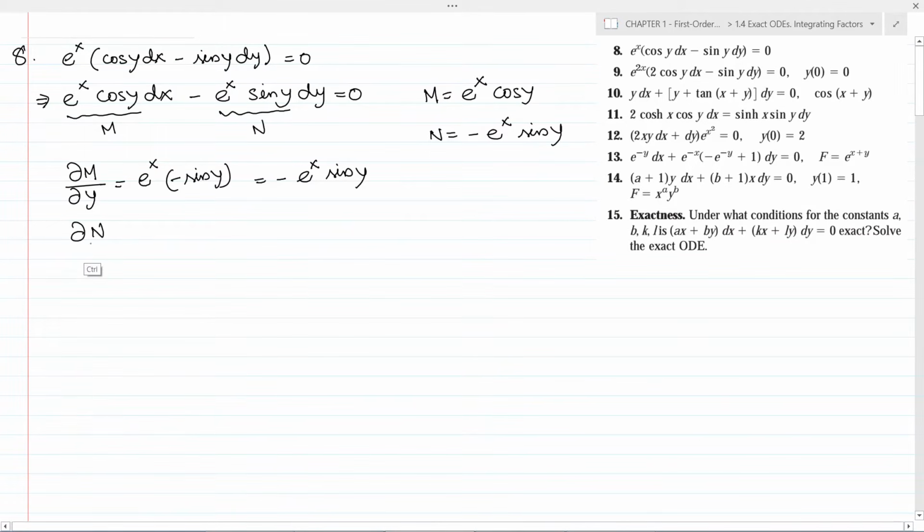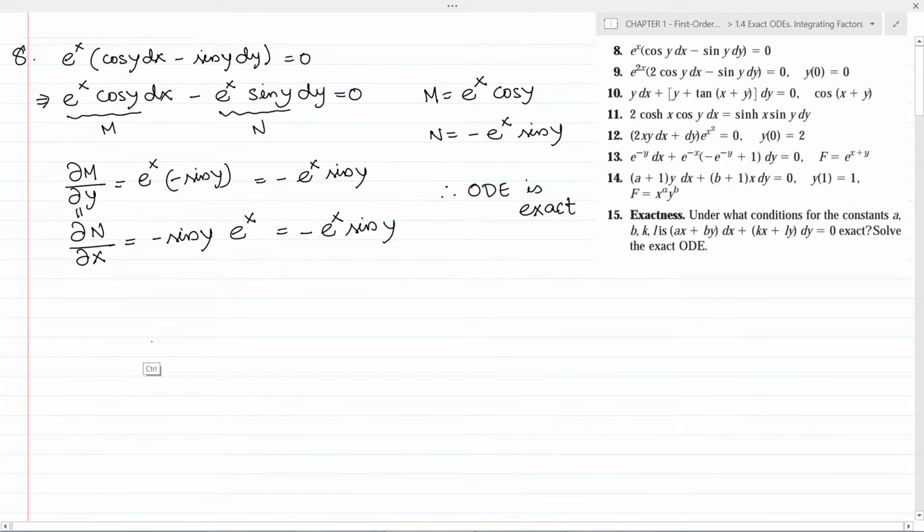And now we will calculate del N by del x, and this is equal to, this sin y term is a constant, so we will write minus sin y, and e to the power x, its derivative will be e to the power x. So this is equal to minus e to the power x sin y. So we see that del M by del y is equal to del N by del x. Therefore, the given ODE is exact.